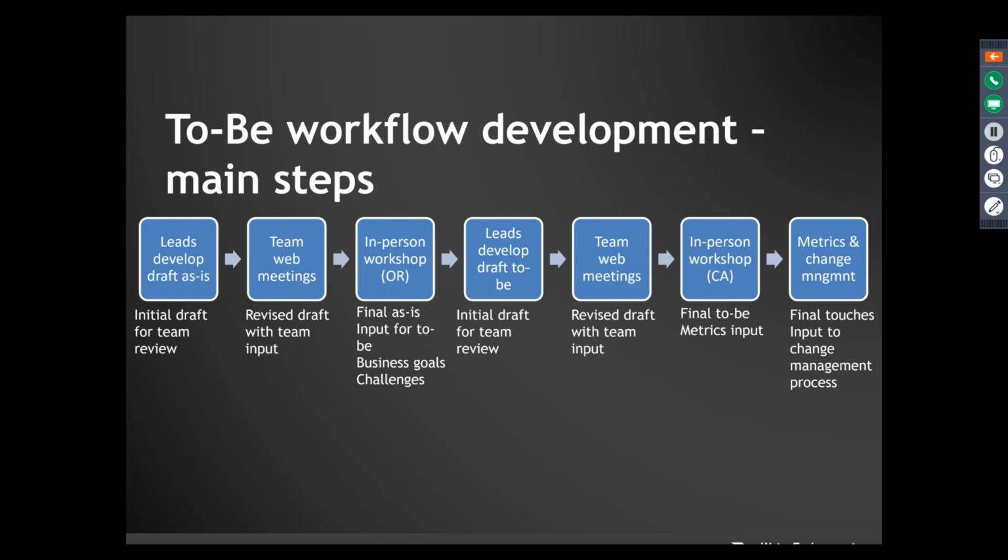Those couple of days really allowed us to put together a final as-is document, and then identify what we need to do to create a useful generic to-be for our fellow utilities to use in the future. And that was awesome discussion at those work sessions.